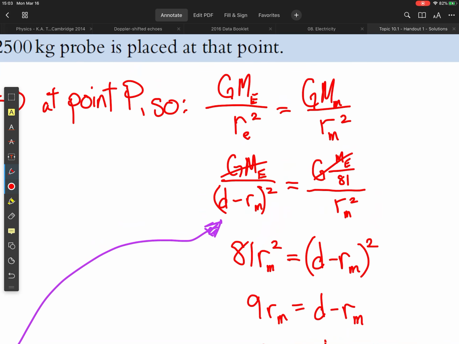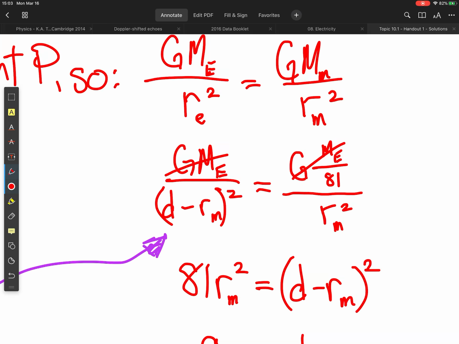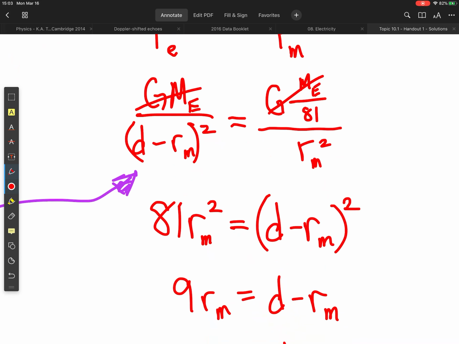Okay, I then substitute the mass of the moon with its value in terms of the mass of the Earth, where it is 81 times smaller than the mass of the Earth. So we plug that in. What we find then next is that the gravitational constant and the mass of the Earth will cancel out.